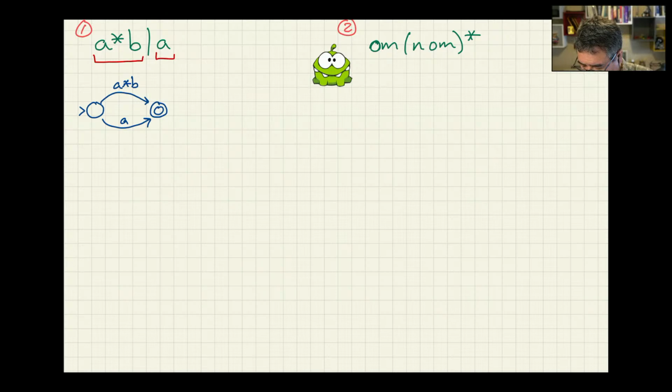So next, I will break apart the regular expression up at the top. So I got A star B. So that's composed of a sequence of A star and B. That means I'm going to break it up into two pieces.